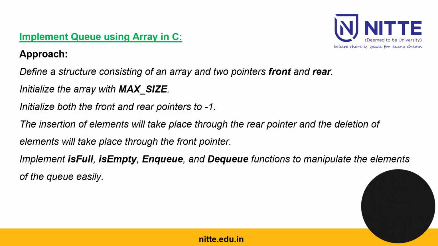Now how do we implement it using an array? The approach is simple. First we have to define a structure consisting of an array and 2 pointers, front and rear. Once you define the structure of a queue, then you have to write the maximum size of the array, or initialize the array size.